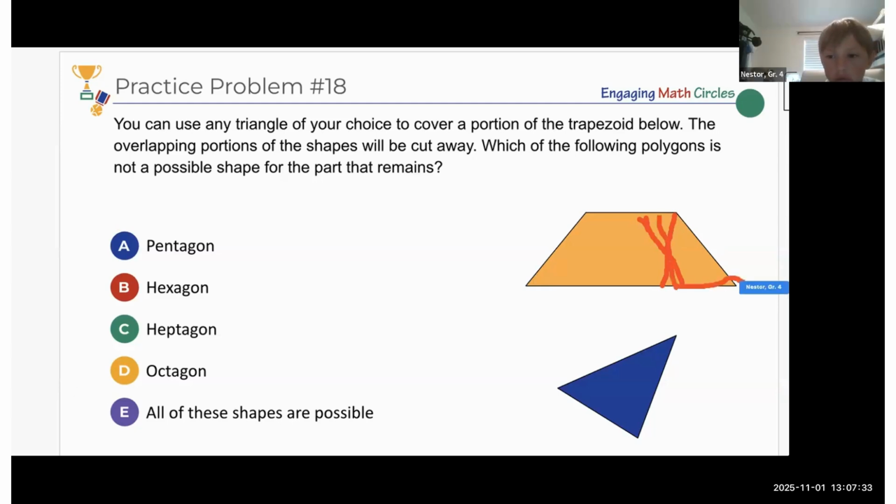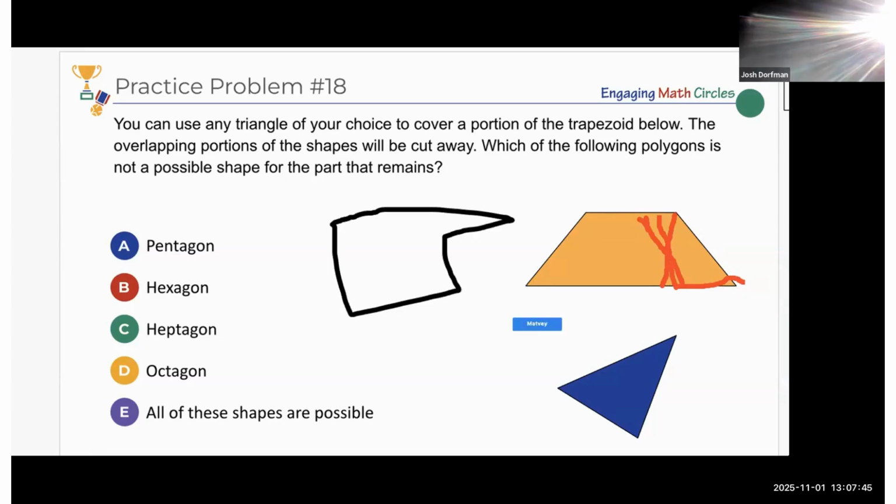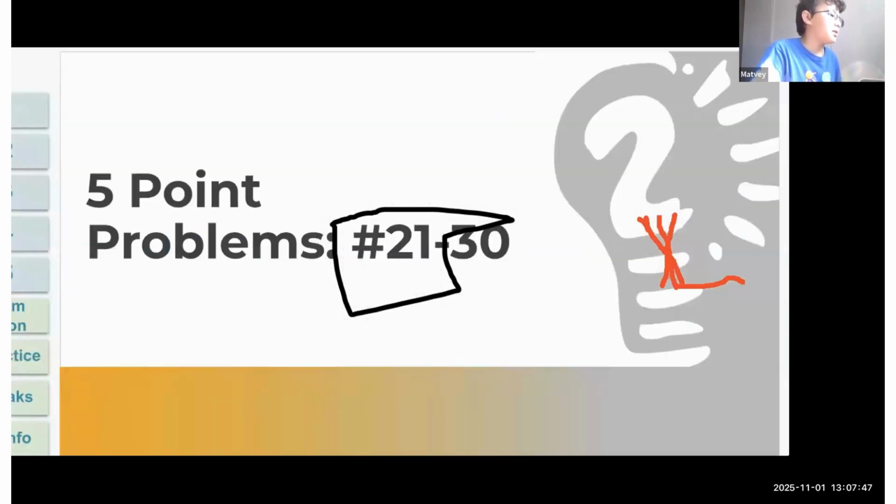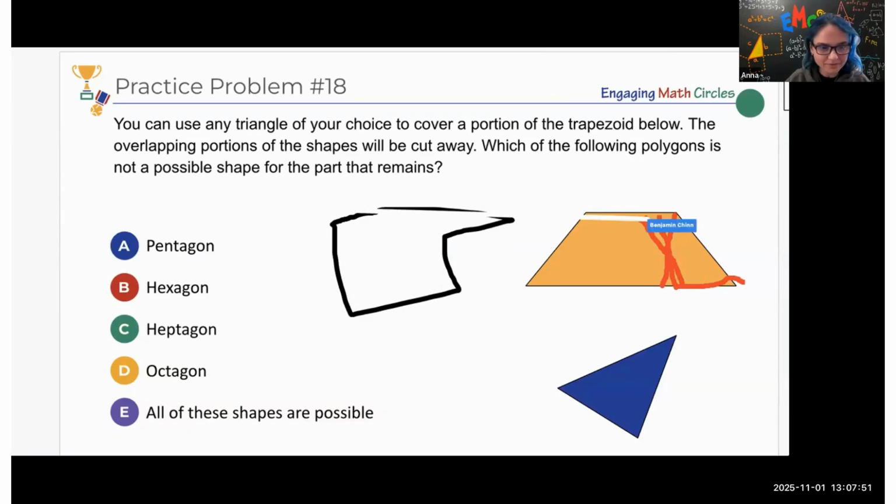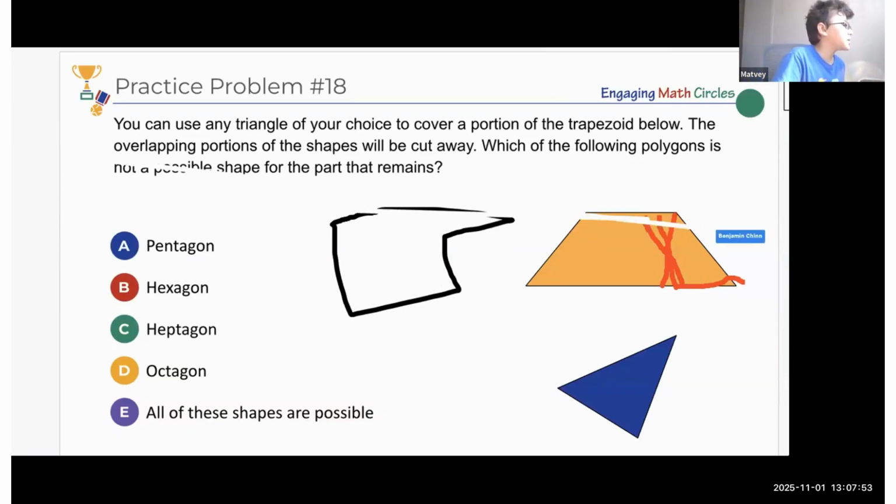Hold on. A pentagon can be any shape that has five sides. Sorry, I flipped. So a pentagon can basically be any shape that has five sides.